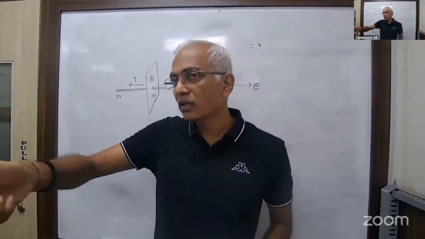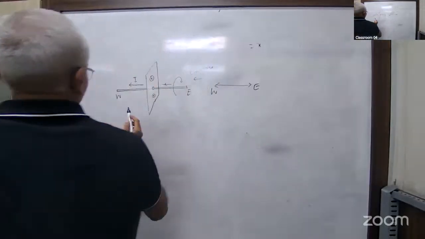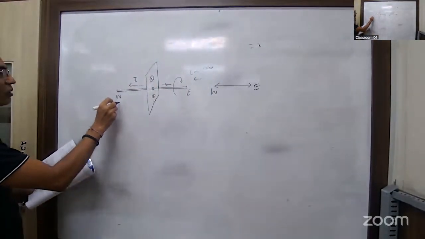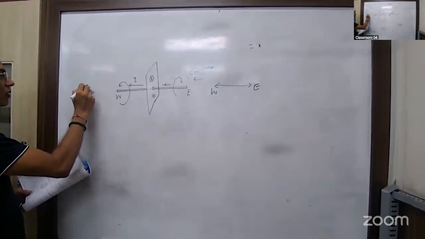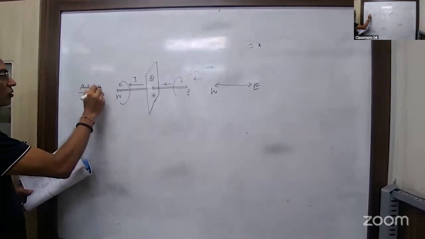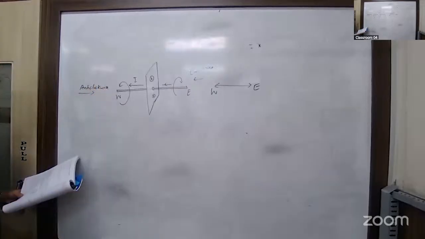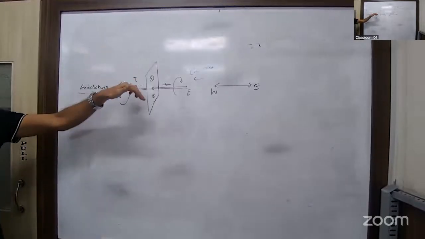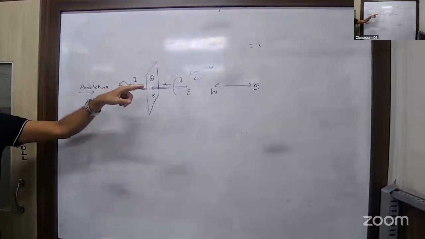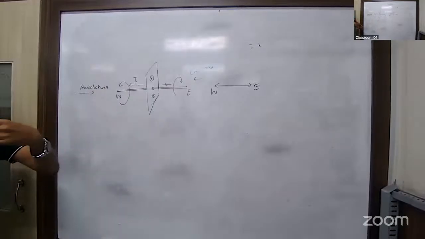But if the current is coming toward you, if you see it from this side, it will appear anti-clockwise. Is it understood? So cross means the field is entering. Dot means field is coming out.